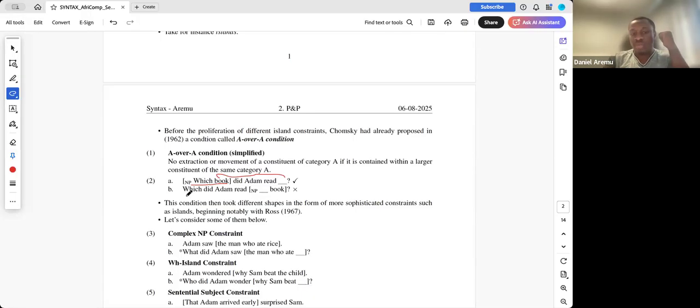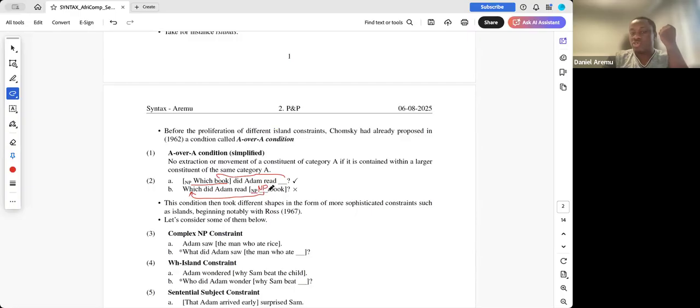Now compare that with 2B. In 2B, all we did was move which, the WH phrase, to the sentence initial position. That is a violation of A over A, because even though which is a WH phrase, it is still a nominal, and we treat it as an NP. So we have an NP, which, embedded inside the larger NP, and we moved it out.